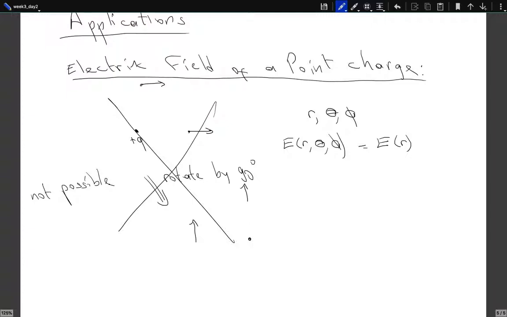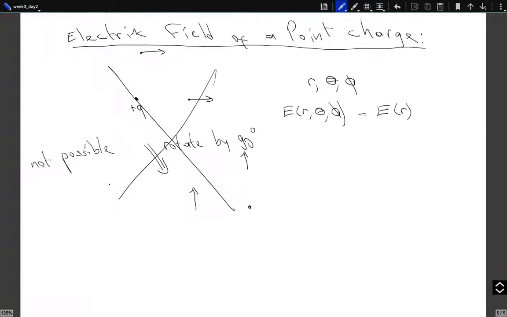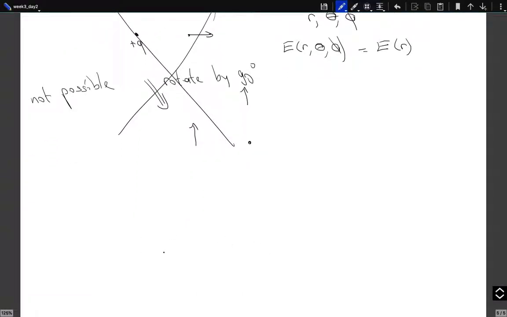Now I'm looking for a direction of electric field lines which will not change as I rotate my head. Any proposals? Okay, so let's see. Can it do this? This is a plus Q charge.